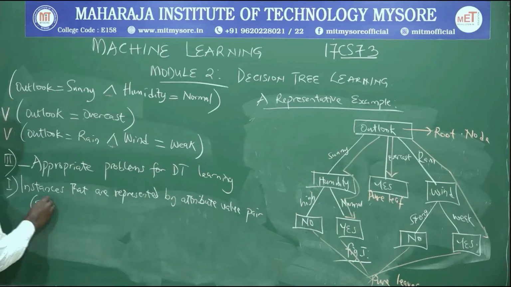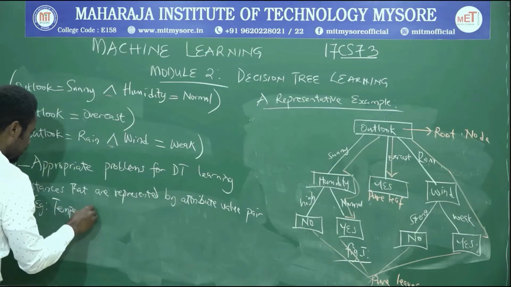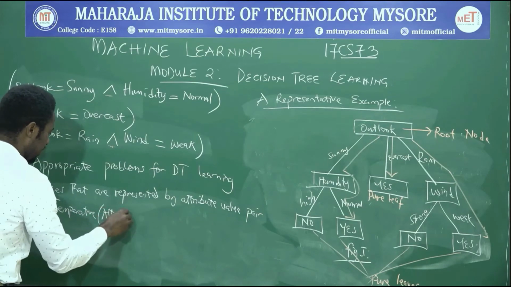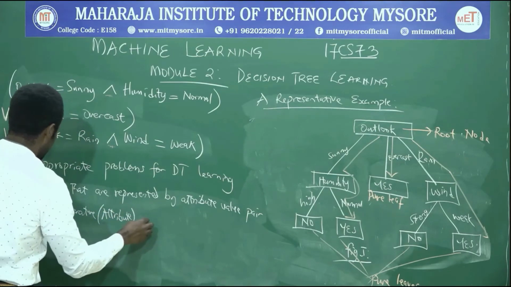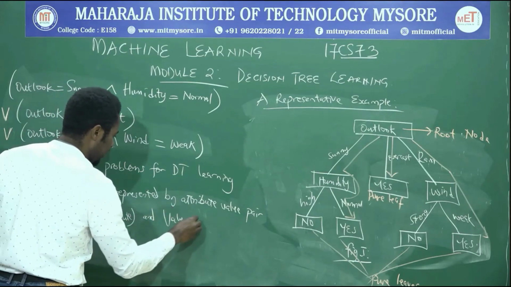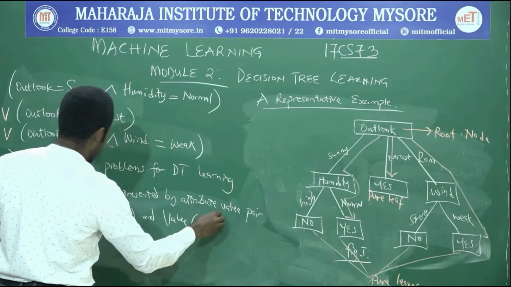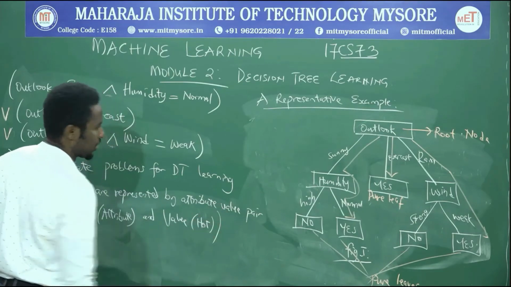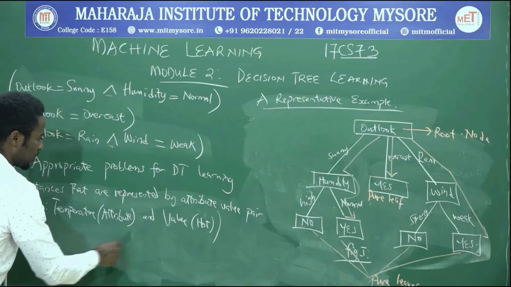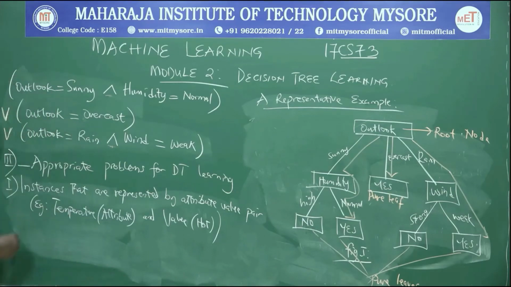So temperature is my attribute. And the value can be hot, cold, mild. Remember I told you even in your Python class, you can model it as attribute temp, colon, hot, as a dictionary, right? So that is the first one.